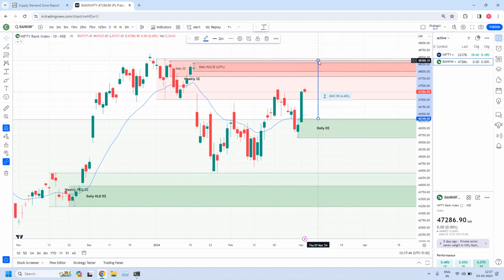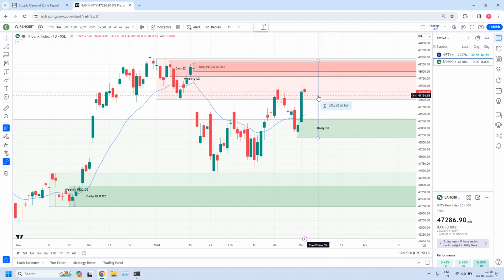Let me draw distal line to distal line, D to D range, so that you understand in a much better way. Instead of proximal line to proximal, let me draw this, because prices may go inside. Maybe there could be a fine-tuned area from where it gets the support. But this is the maximum range.